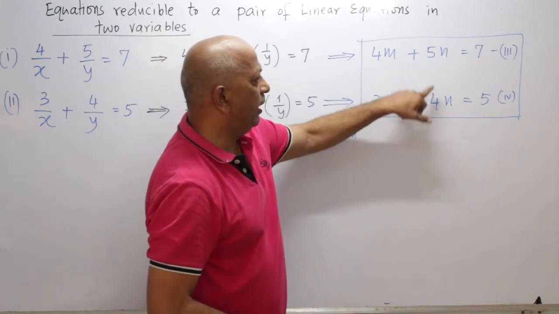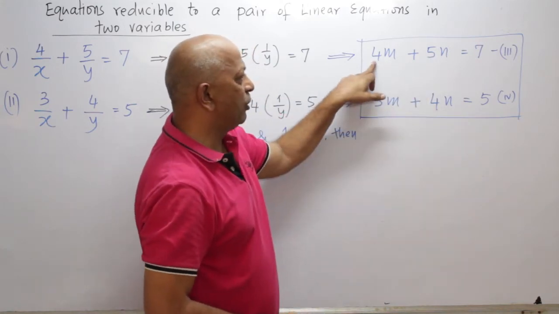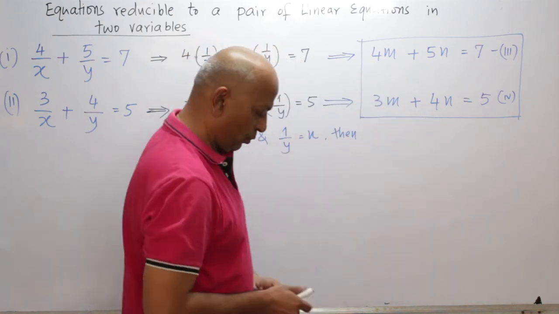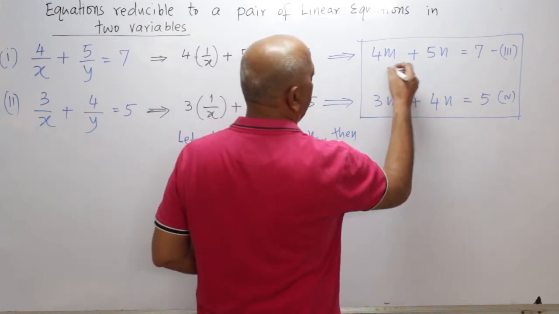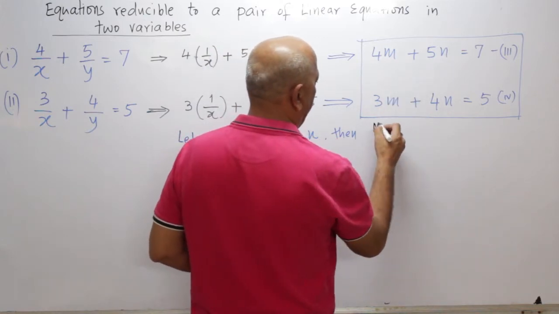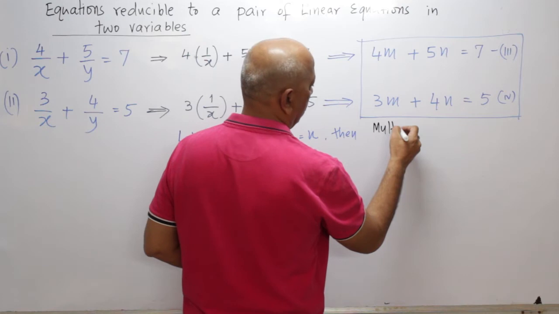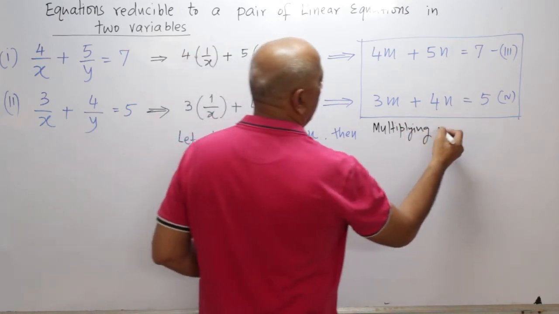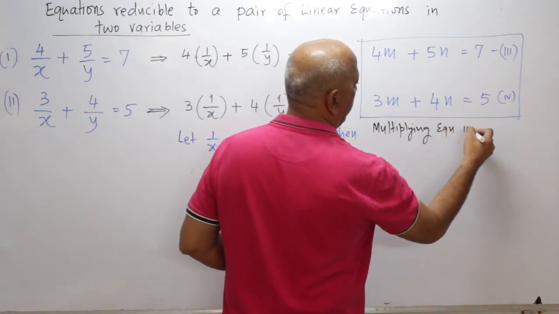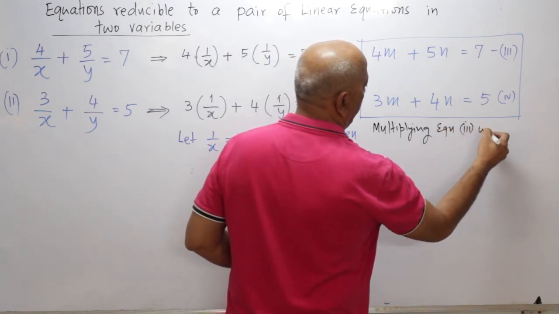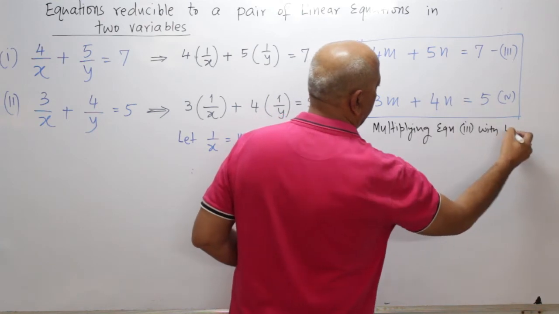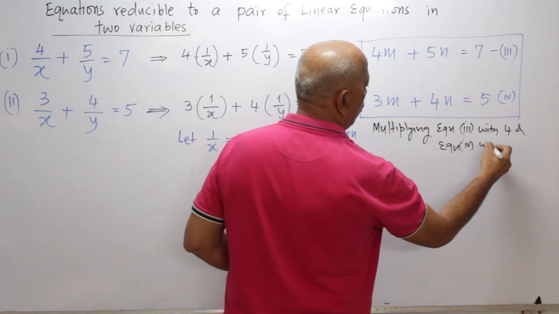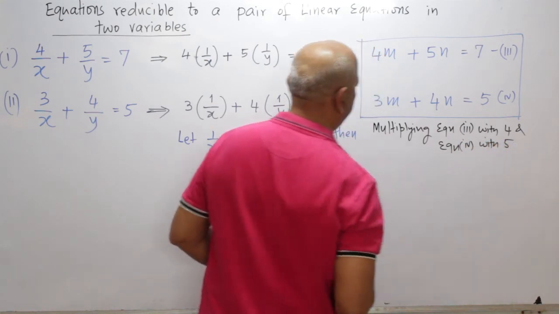So 5 4s are 20. I'll multiply this equation by 4 and this equation I'll multiply by 5. So multiplying equation 3 with 4 and multiplying equation 4 with 5, right?